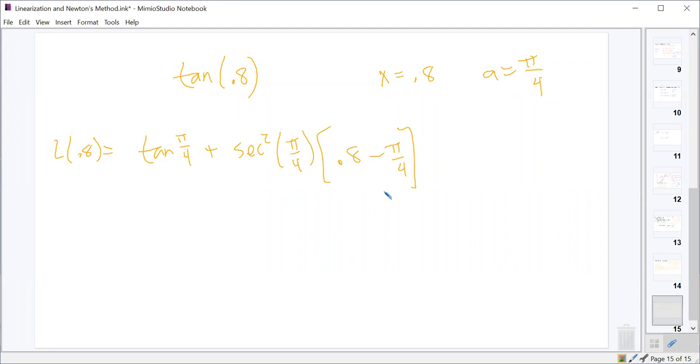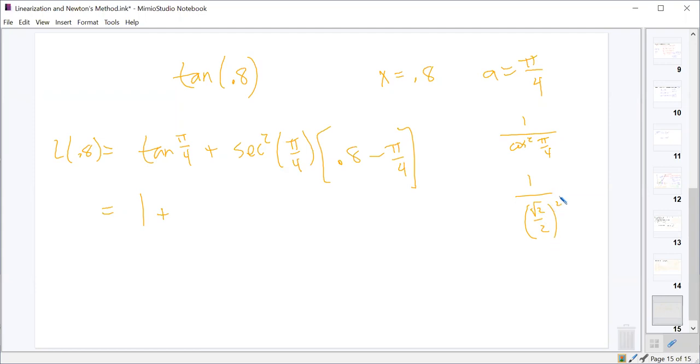Yes. And I substituted secant squared as 1 over cosine squared because I know that value. Yeah, that's fine. I can rewrite it that way on the next step here, if you'd like. So tangent pi over 4 is 1, and then you change this to 1 over cosine squared pi over 4. So cosine of pi over 4 is root 2 over 2, so this is 1 over root 2 over 2 squared.